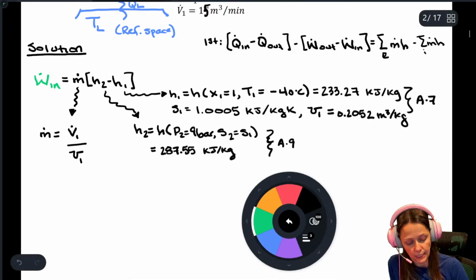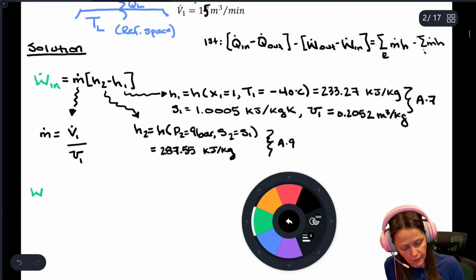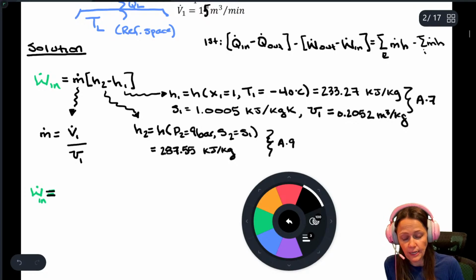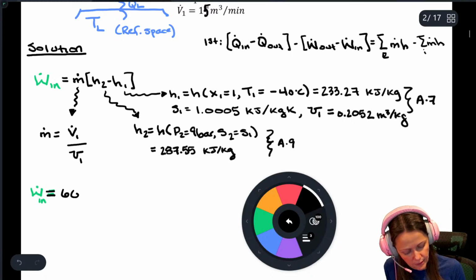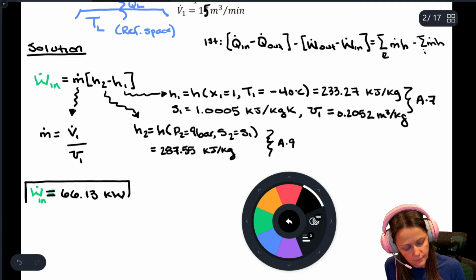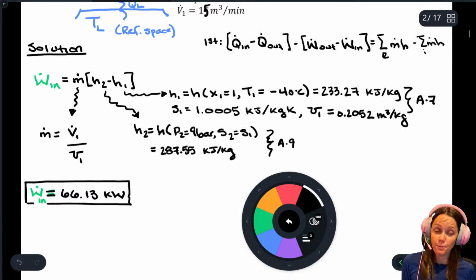There's not going to be any unit conversions for me to worry about. I do have a W dot N, I should get it in kilojoules per second, which is kilowatts. And I've got a value of 66.13 kilowatts. Okay, perfect. That's my W dot N.